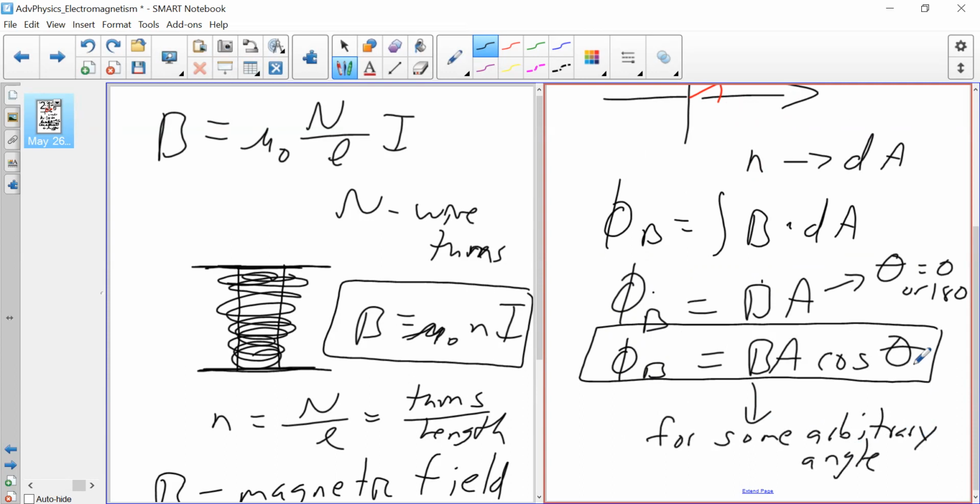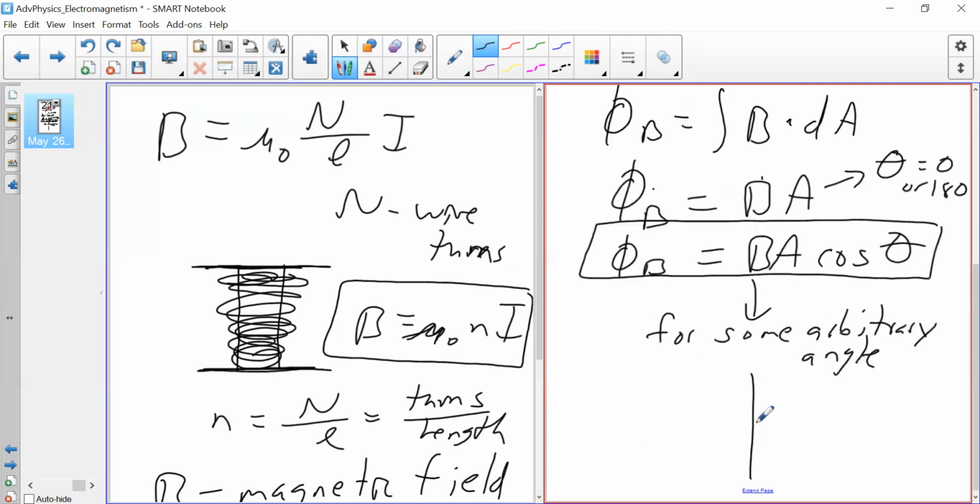If theta is equal to 0, it's just BA. At 180, this would be negative BA. That means the magnetic field is going this way. It's just orientation. My first orientation was to the right, and if I switch it around, then my area component is to the right as my field goes left. And so my magnetic flux will be negative BA. You guys see that? Because cosine of 180 is minus 1.